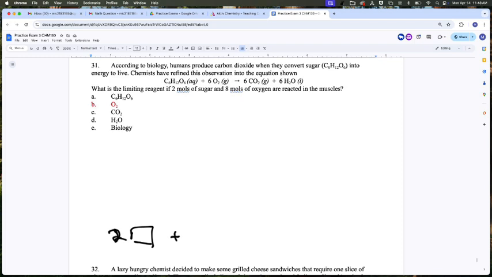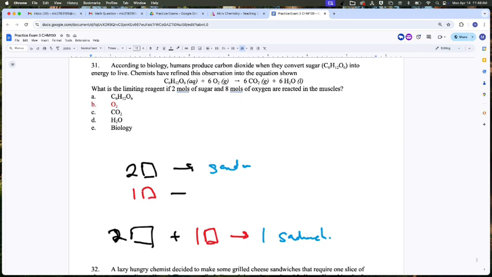Our 2 slices of bread plus our 1 slice of cheese sets us up with our one sandwich. We converted the bread into sandwiches, and then we converted our cheese into sandwiches. Whichever one produced the smaller number of sandwiches was our answer, right? Vaguely ring a bell?